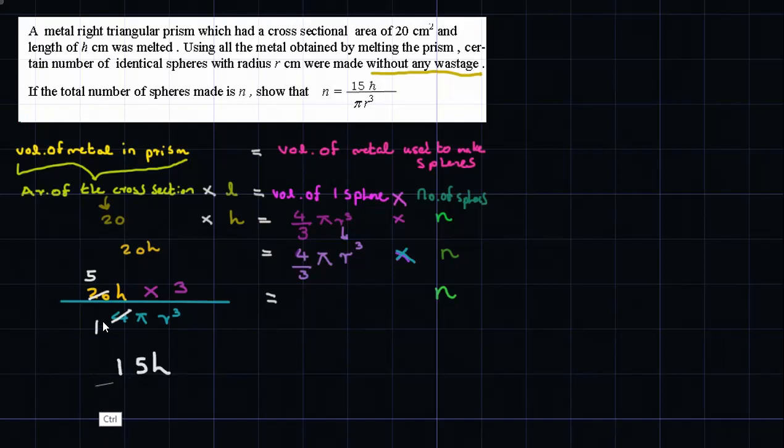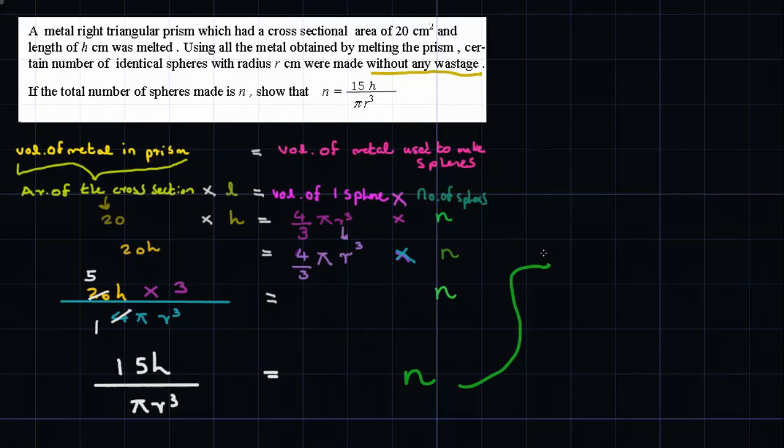And what's going to be the denominator? We have pi r cube equals n. And let's check whether the examiner is happy with what we have presented. He has asked us to prove n is equal to 15h over pi r cube, and we have proved it. n is equal to 15h over pi r cube.